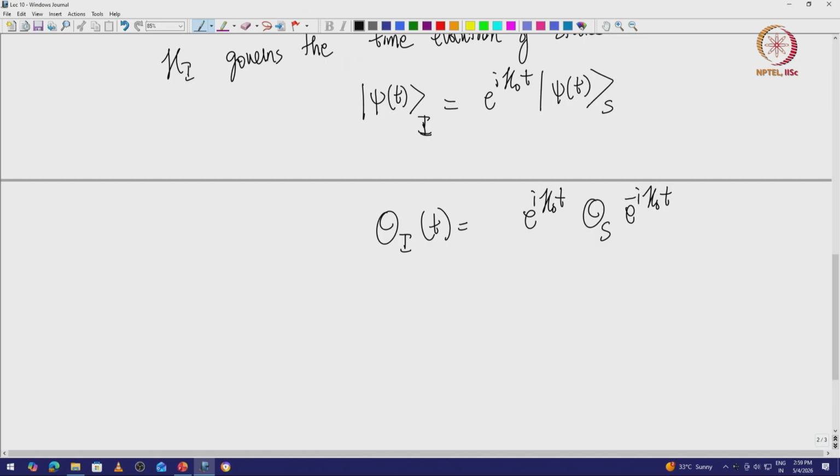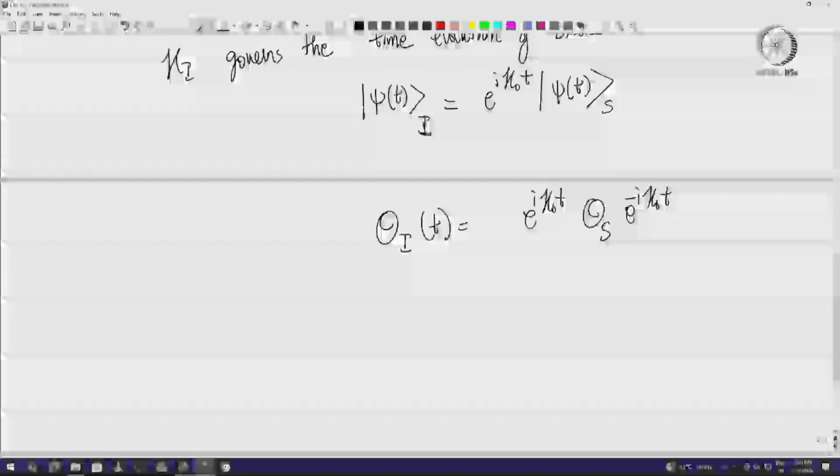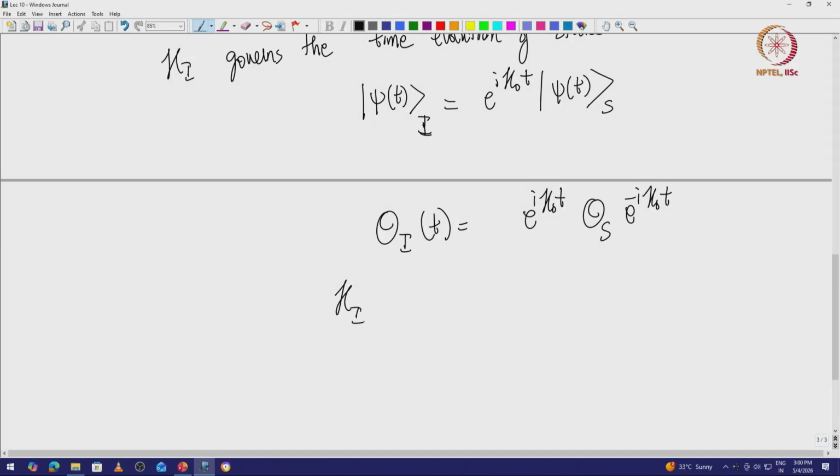Now H int will also be the same thing essentially. So now H_I is equal to H int of I, which is equal to e power i H0 t H int e power minus i H0 t.